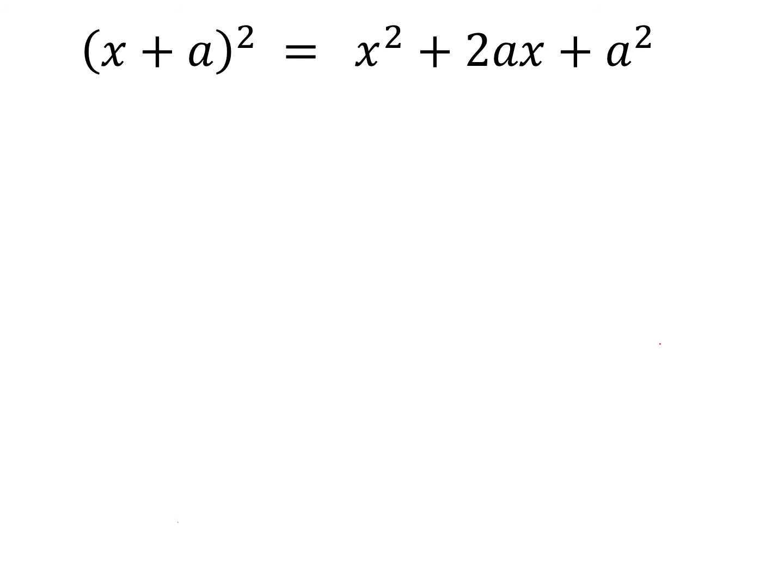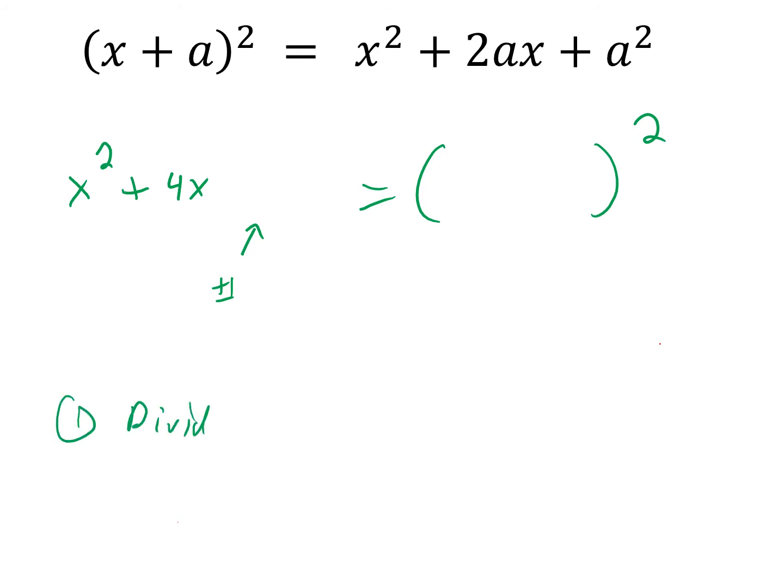So imagine you have some problem and it says x squared plus 4x, and I want to complete the square. I want to put a number at the end over here. So what number should I put there so that this is equal to something squared? The first thing you're going to do is divide the number in front of the x by what? By 2. Always by 2, no matter what the question is.